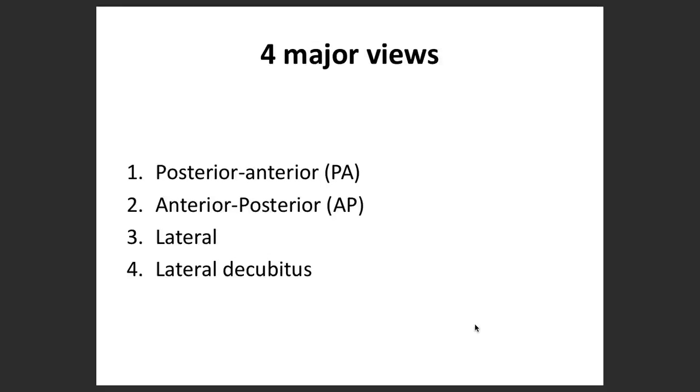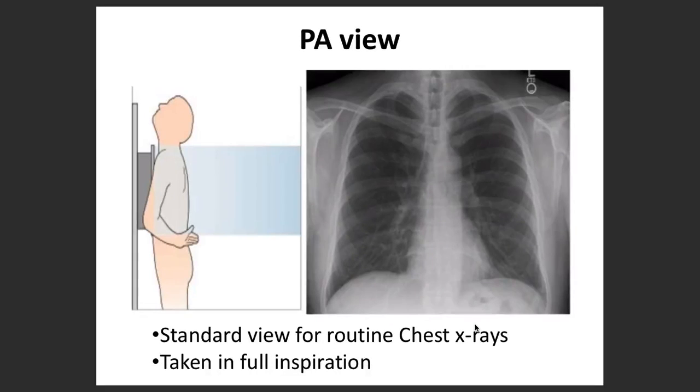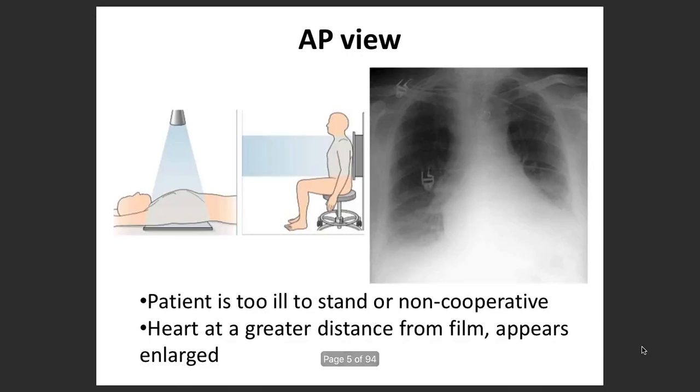So about the views, as I already said, there are various views, and one of the most common ones is the PA view, postero-anterior view. This is the standard view taken for routine chest X-rays and taken in full inspiration. And coming to the AP view, a lot of times those patients are a little sick.